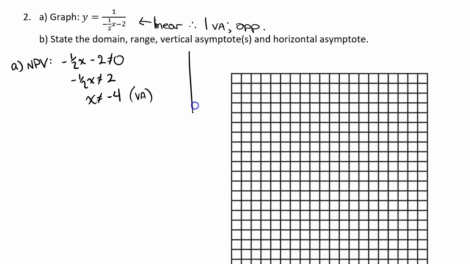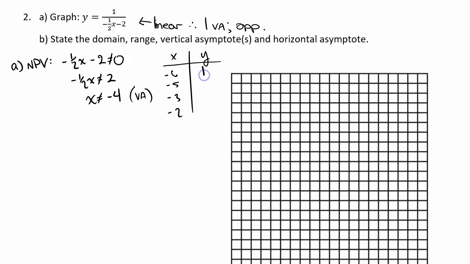I can then figure out some points surrounding my vertical asymptote. So -6, -5, -3, -2 again, and I jump over my vertical asymptote because I know it's not defined. And I plug them in here. So -6 in for x. That's -6 times -1/2 is +3.